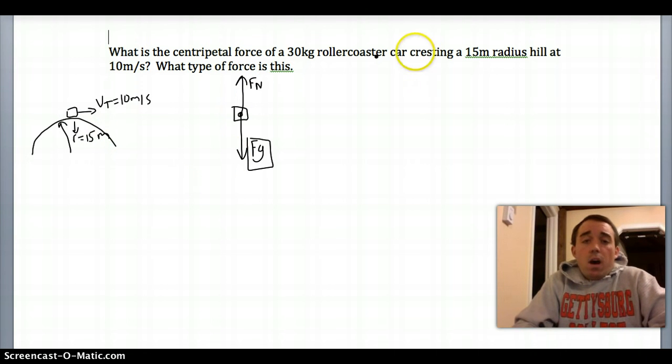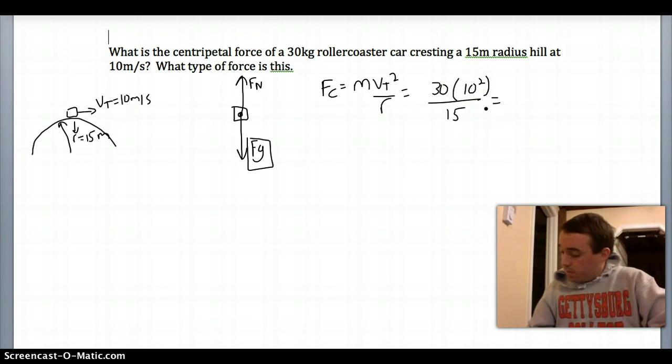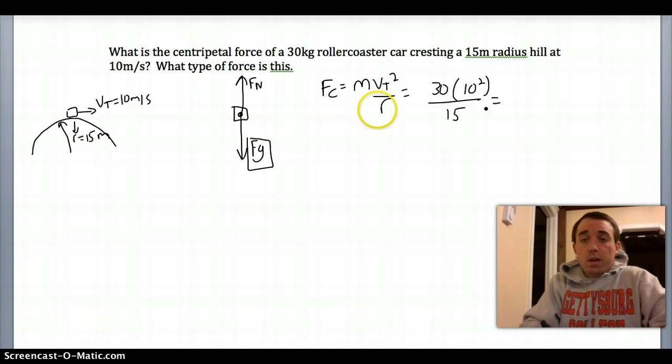So, our centripetal force, just like the previous problem, is m vt squared over r. So 30 times 10 squared, which is 100, divided by 15. 30 times 100 over 15 gives us 200.